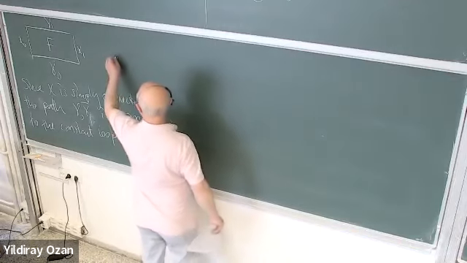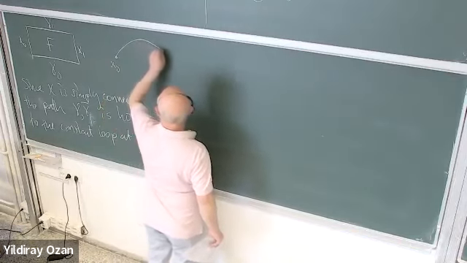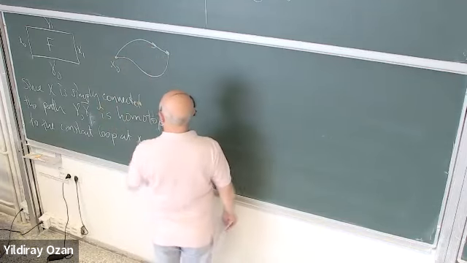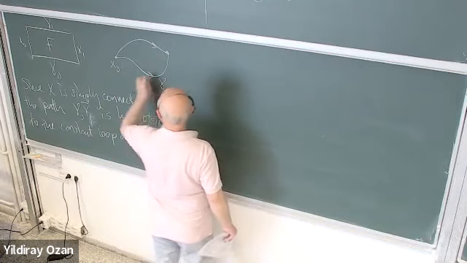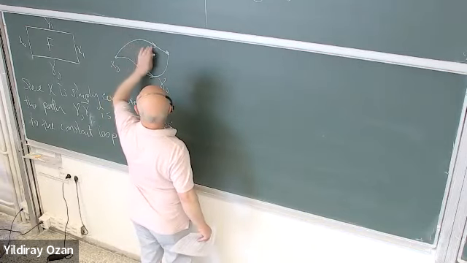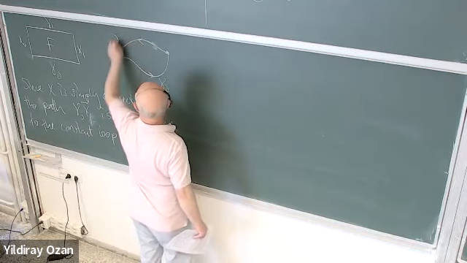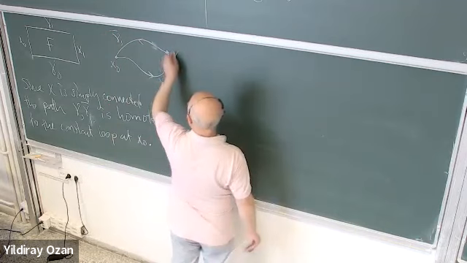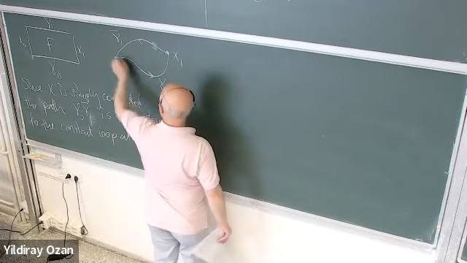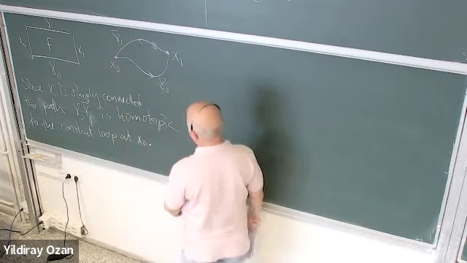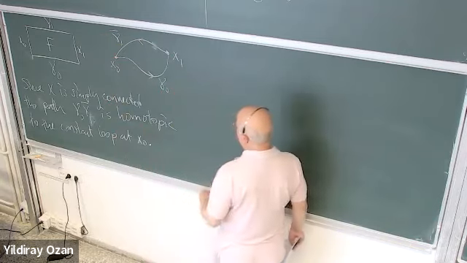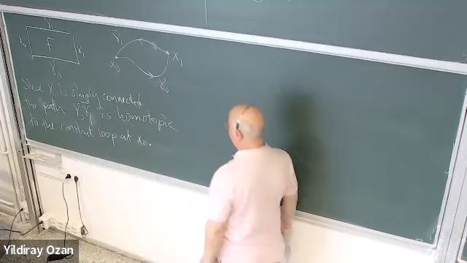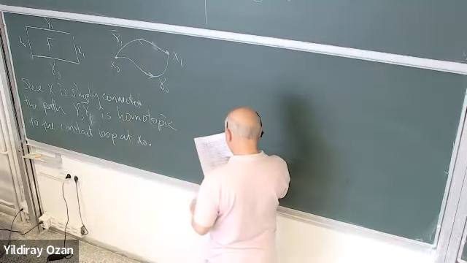Because, here is x0, here is, let's say, gamma 0, gamma 1. Gamma 1 bar is the inverse path. So the composition is a path from x0 to x0. And since X is simply connected, any path at x0 is homotopic to the constant loop. Okay.